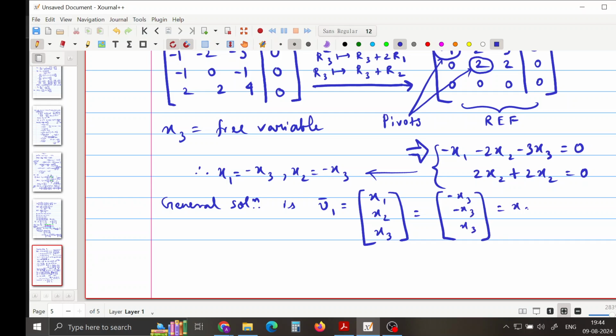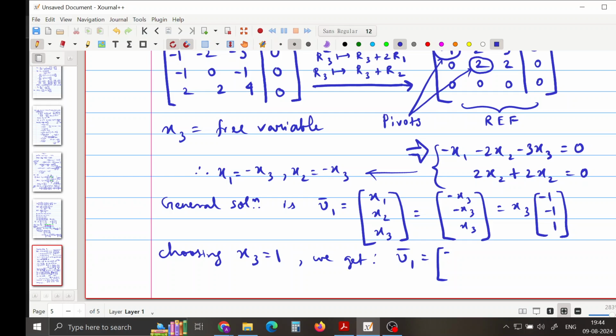You can pull x3 out and you have minus 1, minus 1, 1. So x3 is your free variable, and you can choose it as per your wish. I am choosing x3 equals 1. So we get v1 equals minus 1, minus 1, 1. This is your eigenvector corresponding to the eigenvalue lambda 1.